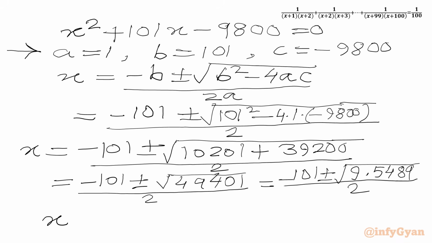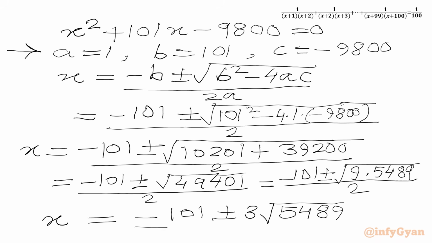So we are going to get x equal to minus 101 plus minus 3 times square root of 5489 over 2. So we have two irrational solutions.